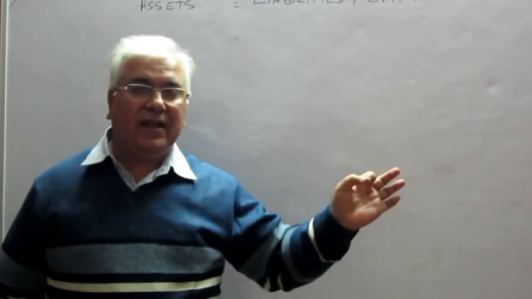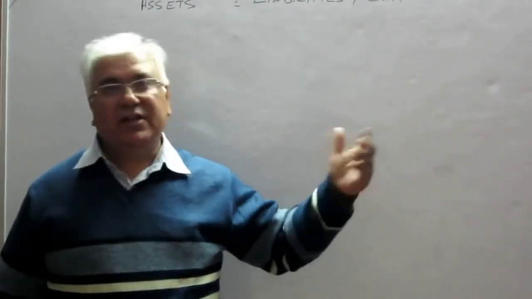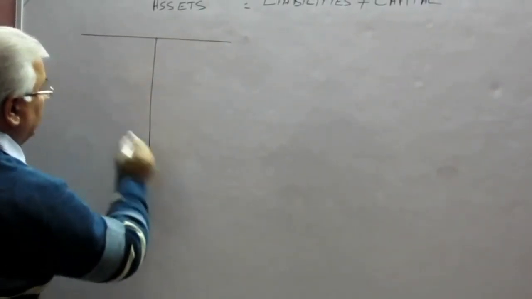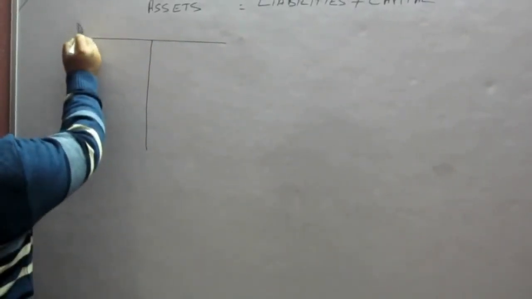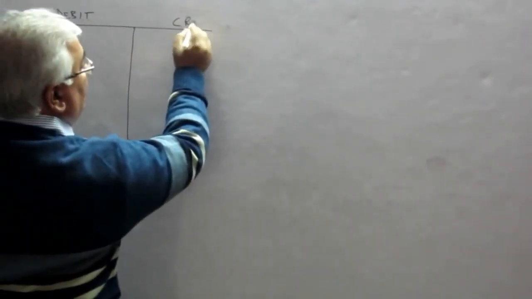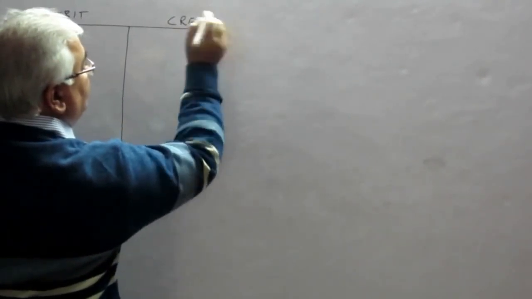So to maintain that, we will follow certain rules. Let us understand those rules now. This is a T-shaped account, and the left hand side of this account is called the debit side and the right hand side is called the credit side.